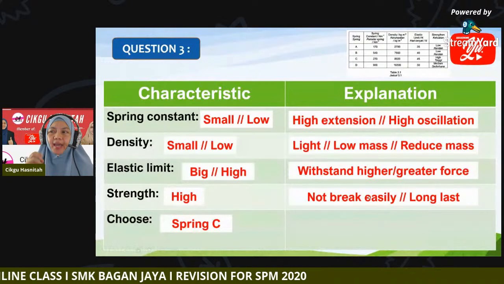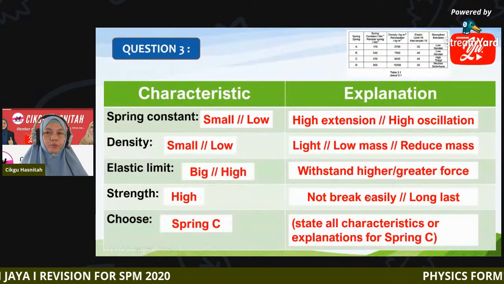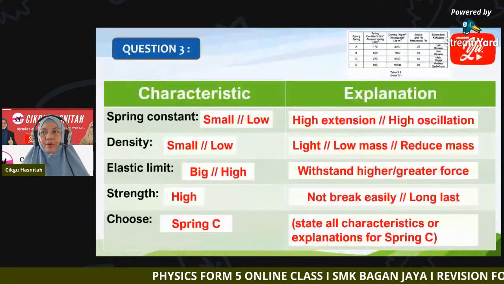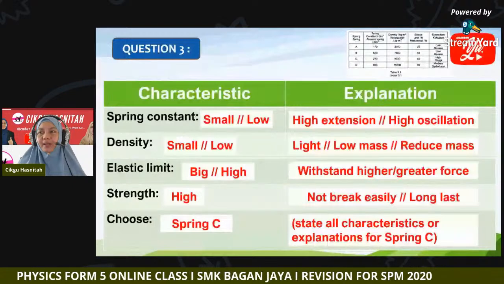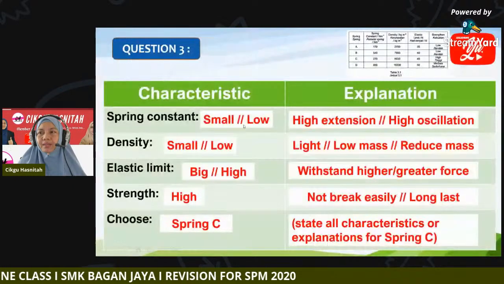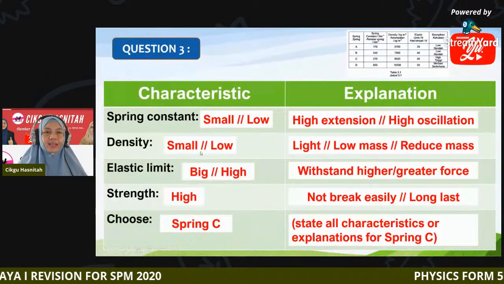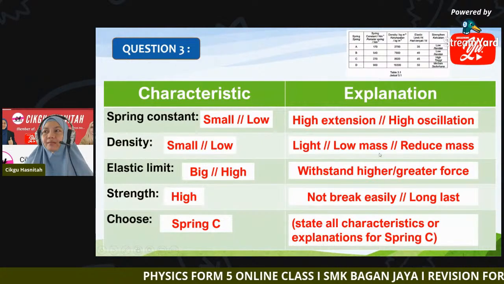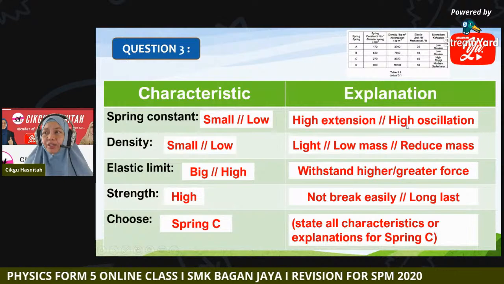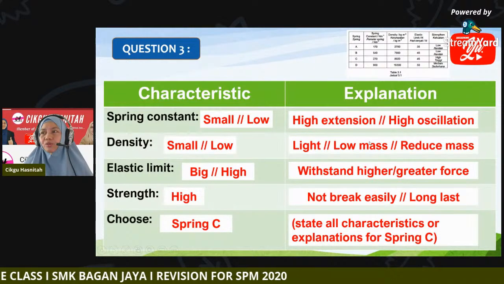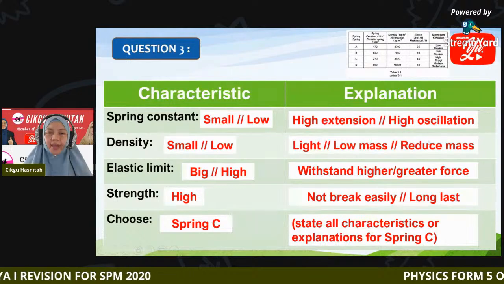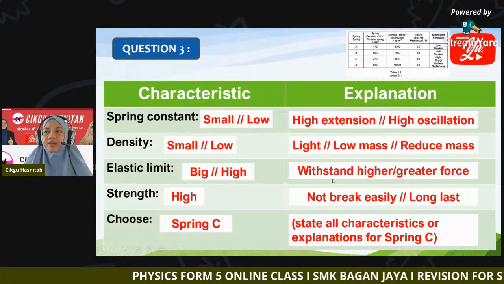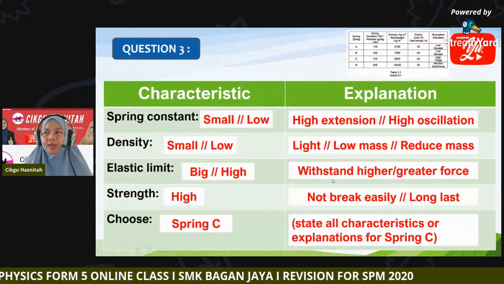You state all the characteristics for spring C, or you can also state all the explanations for spring C. It has low spring constant, low density, high elastic limit, and high strength. Or you can mention the explanation: it gives high oscillation, low mass, withstands greater force, and does not break easily. Both are accepted.